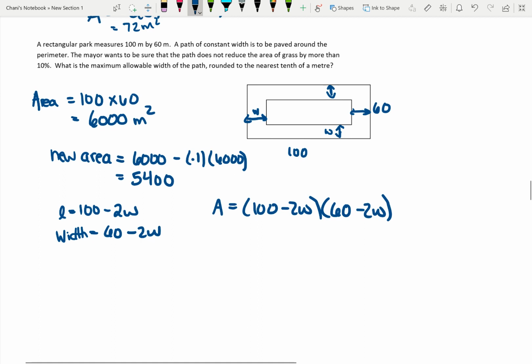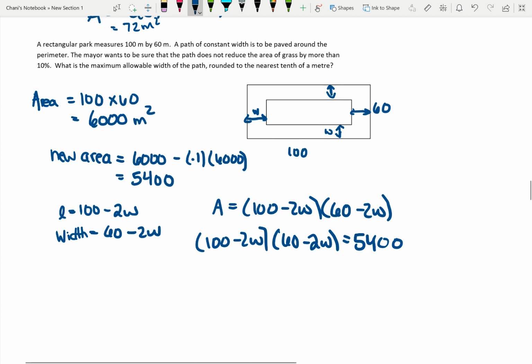And we want this area to be equal to 5,400. So we do 100 minus 2W times 60 minus 2W equals 5,400. Now we can see that this is a quadratic equation because when we expand the left side, it will be a quadratic. So our strategy here is to use FOIL, move everything to one side, and then use quadratic formula.